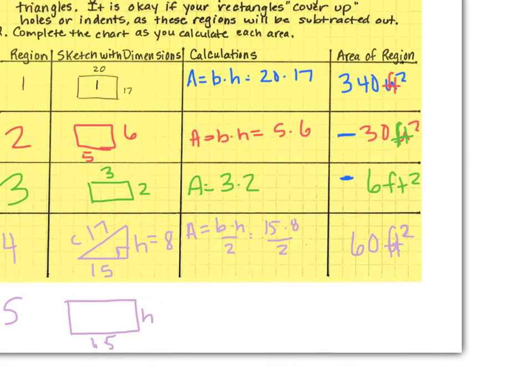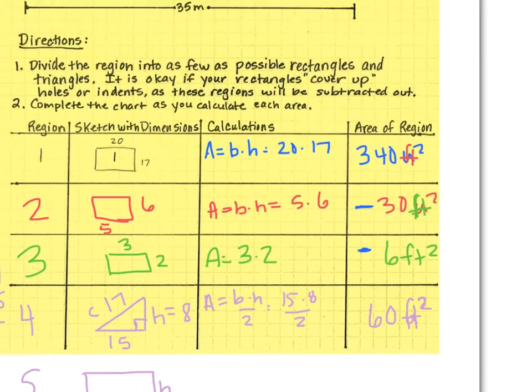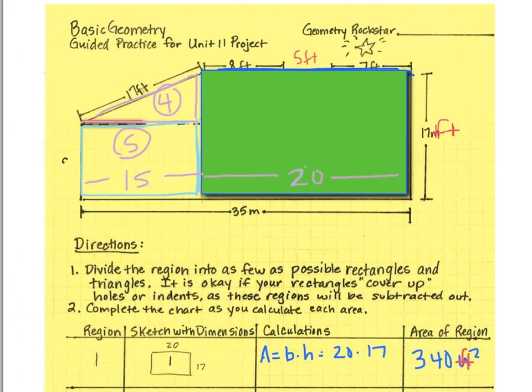Okay, the last region that we need to fill, we're still missing the height. So if you look back at the picture, let's figure out what we know. We just figured out the height of the triangle was 8. We know from this edge over here that this entire dimension is 17.